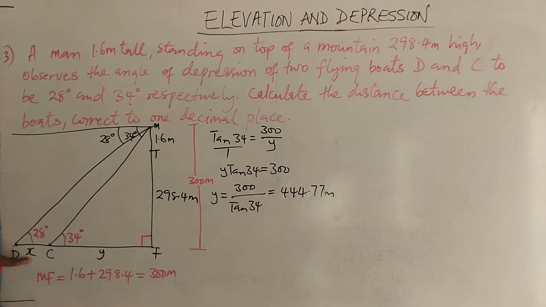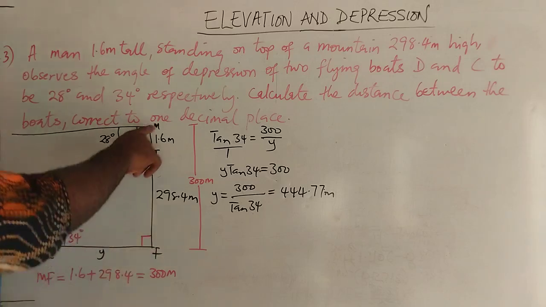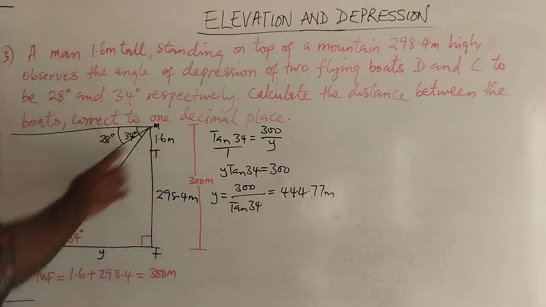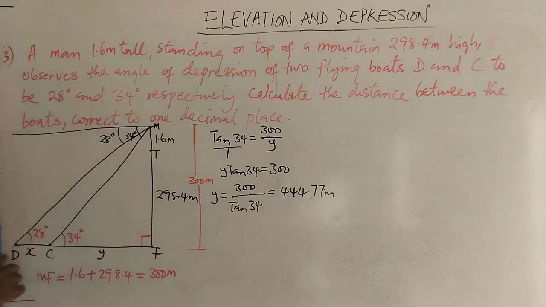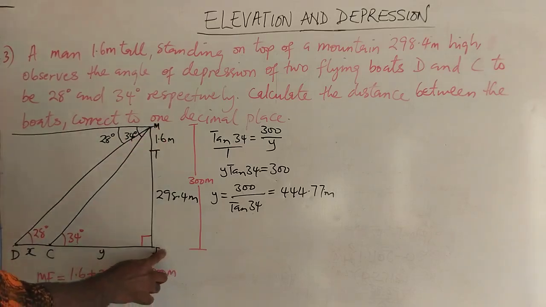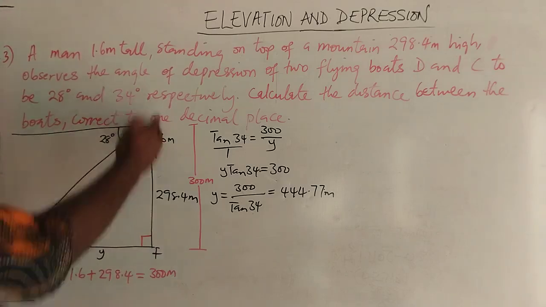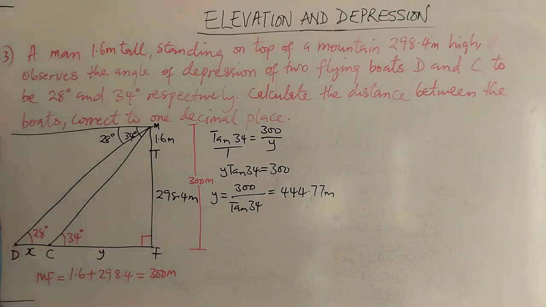Then we can find x. And finding x, we will need the bigger right angle. So the bigger right angle triangle is MDF. The angle there is 28 degrees. This is the opposite, while this is the adjacent. So we're going to use tan again.